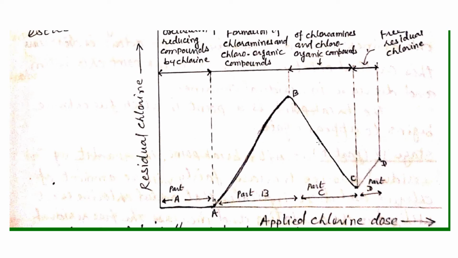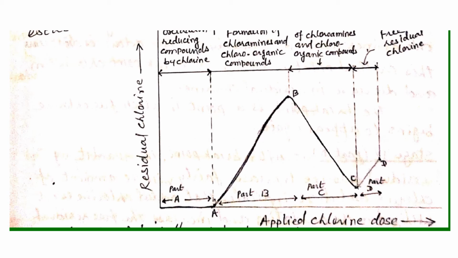Slowly the smell and all these chloramines and chloro-organic compounds decompose, and we reach point C, where no pungent smell comes out in the water, and all these chloramines and chloro-organic compounds are destroyed. At point C there are no disease-causing bacteria, viruses, or fungi present.